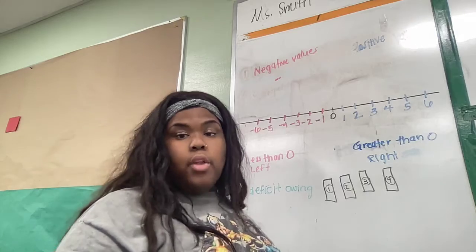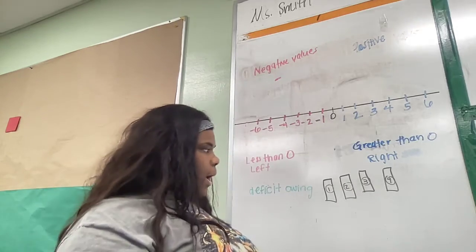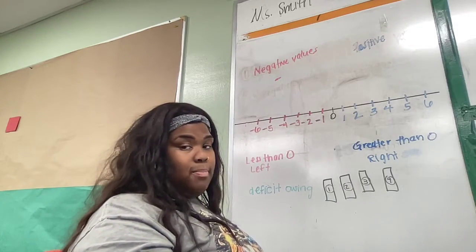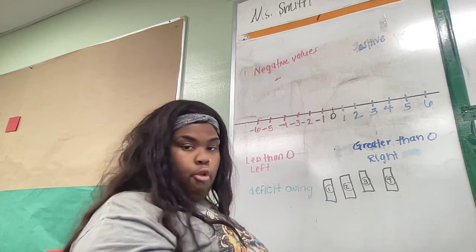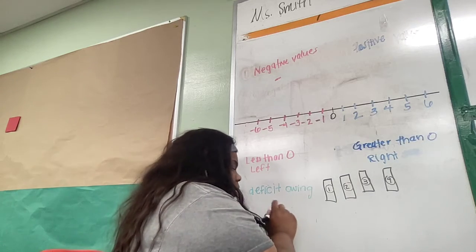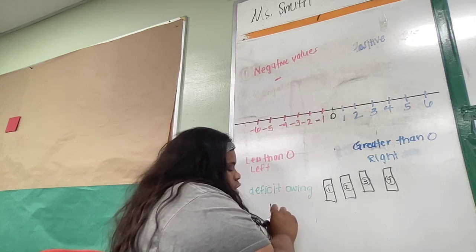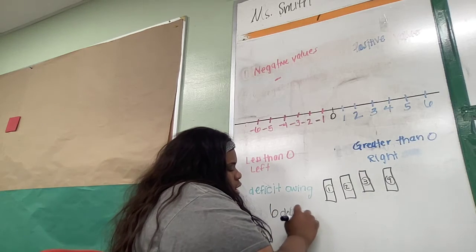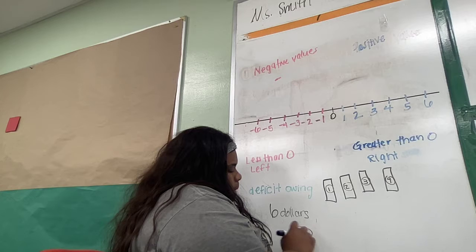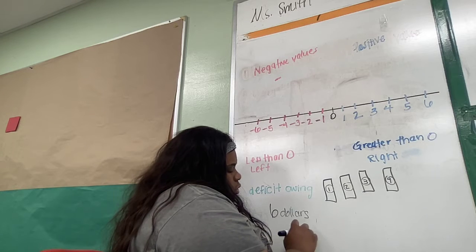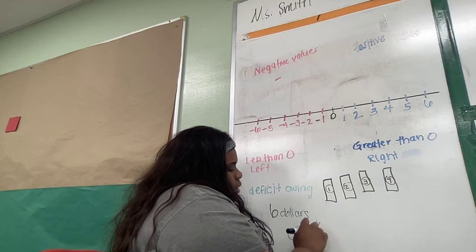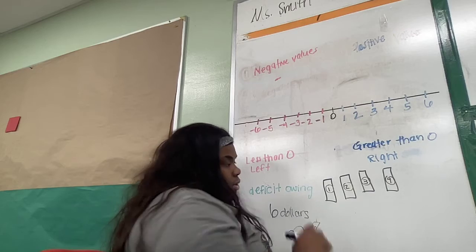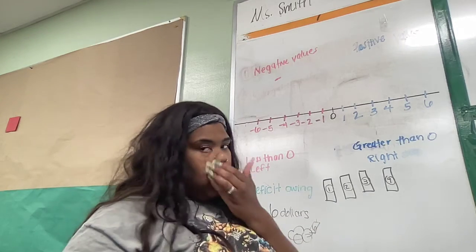But you want to buy something for $6, and it's a real pretty toy car. Let's draw the toy car, and the tag on the toy car says $6. You only have $4.